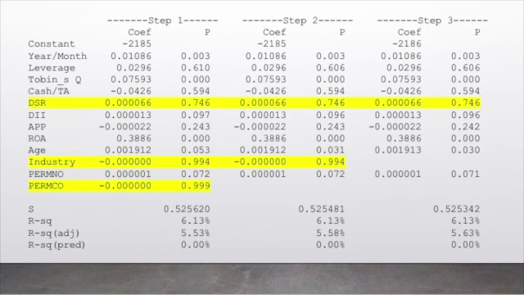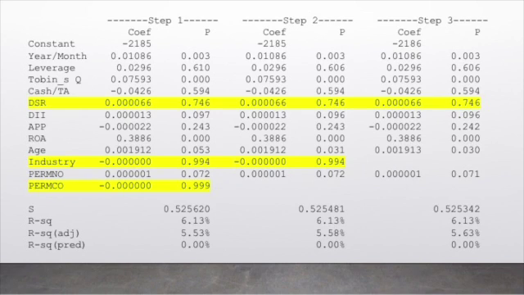All right, so when evaluating our backwards step regression, the first value that gets pulled off is the PERMCO, because it has the highest p-value. And in this, p-values above 0.05 are clearly statistically insignificant.